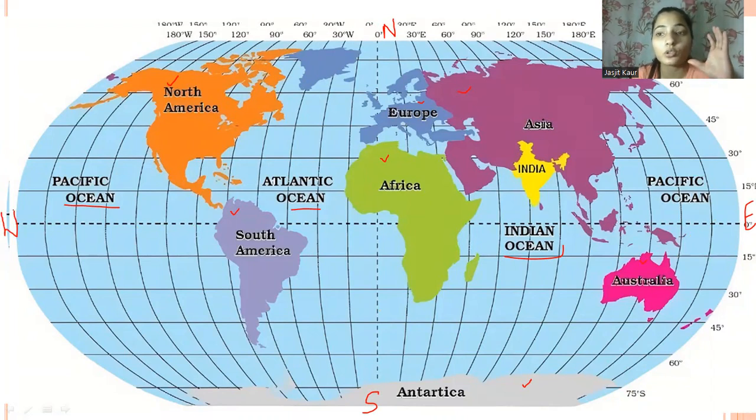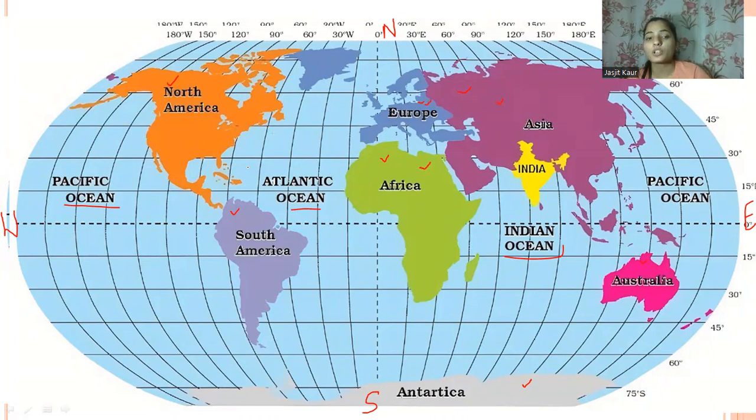You have to name those continents that are totally or partially located in the northern hemisphere. So in the northern hemisphere we have North America, then Asia, Europe, and partially the northern portion of Africa. So these are the four continents located in the northern hemisphere.